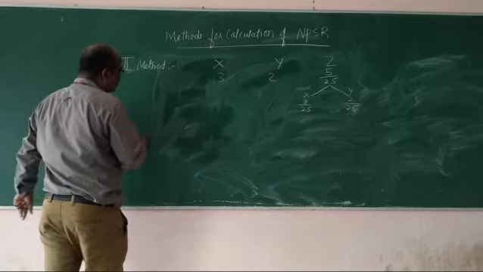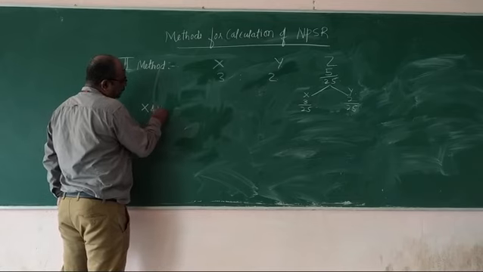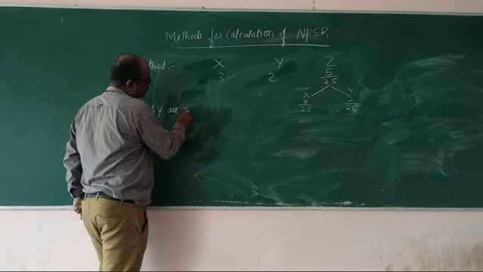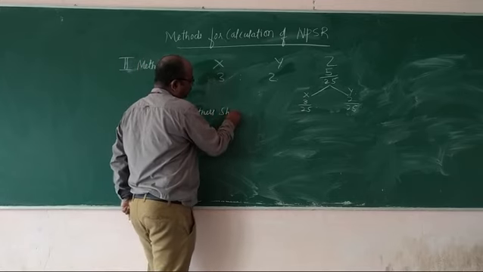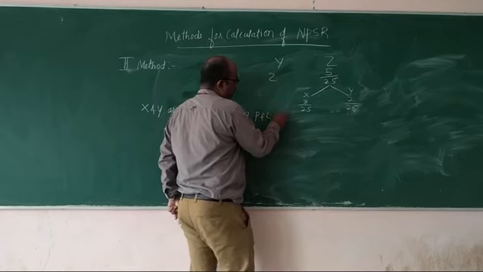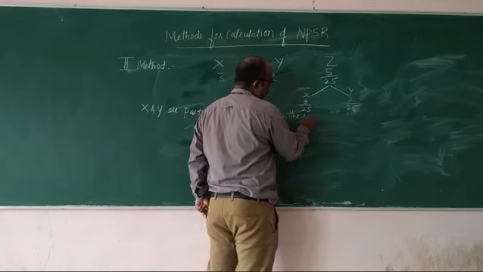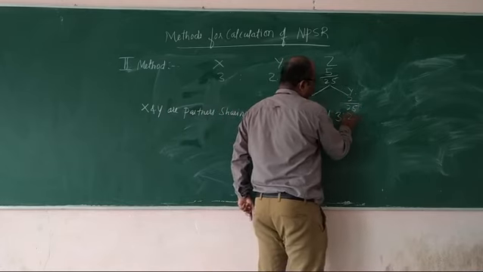So here let us form the question first. X and Y are partners sharing profits and losses in the ratio of 3:2.